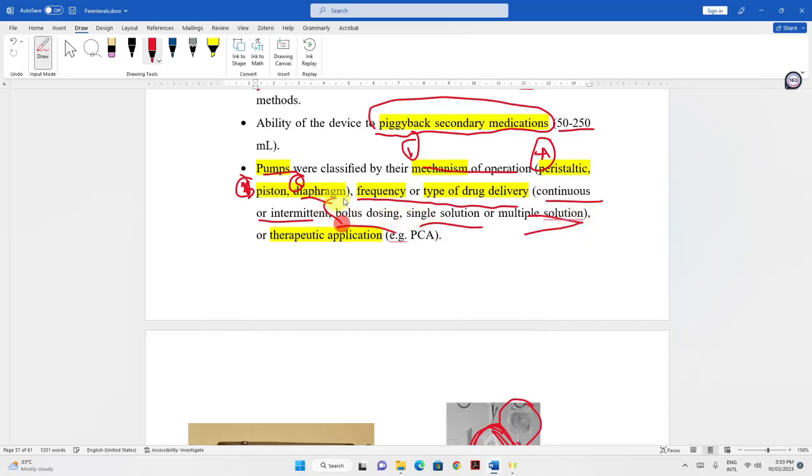Does it give one injection, for example, in 1 minute you inject? These are the classifications. Or the other way is according to therapeutic application. If you remember the PCA, patient controlled analgesia, then this is according to the application, to what I'm applying the pump to.